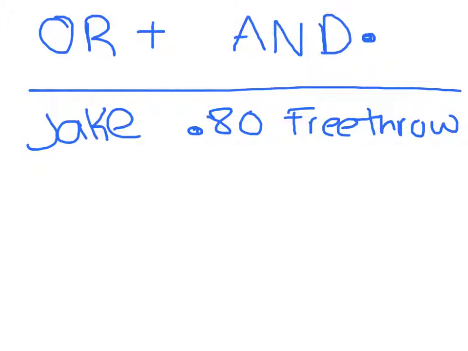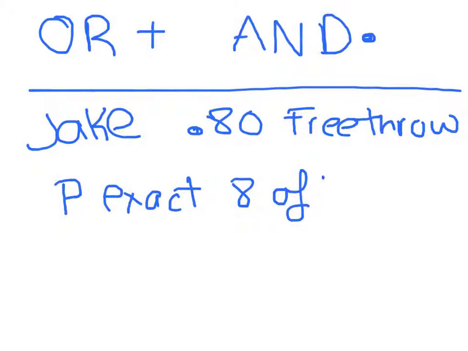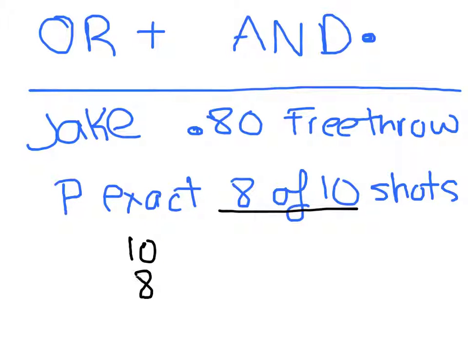And what's the probability that he makes exactly 8 of 10 shots? Now you would think that on average, 8 out of 10 shots, he gets that most of the time, but sometimes he's going to have a better night and he's going to get all 10. Sometimes he's going to have a worse night. And so we need to think about how many ways this can happen. This can happen in 10 choose 8 different ways.